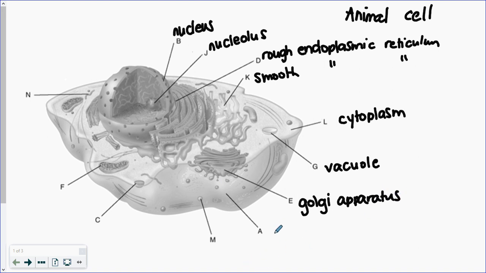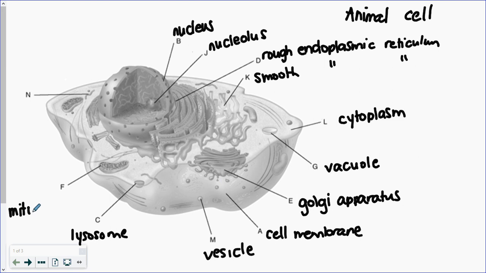A is the cell membrane. M is a vesicle. C is a lysosome. F is the mitochondria. There's no label for it, but it can come up.